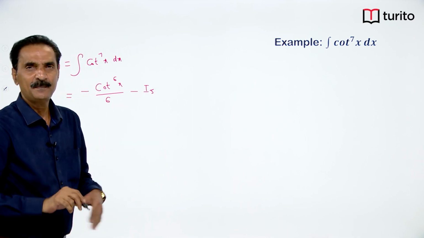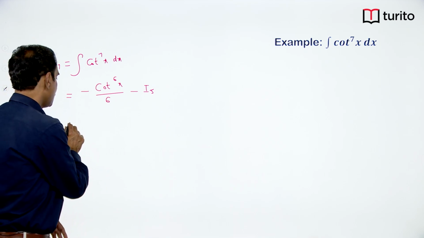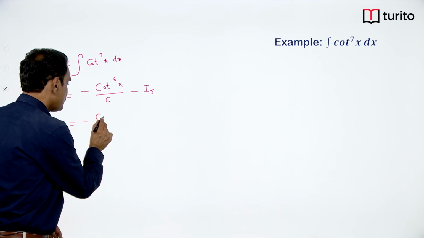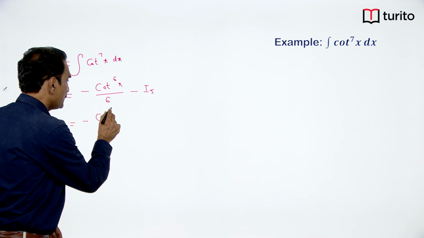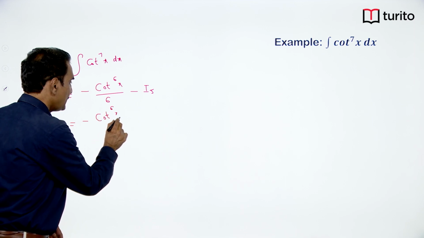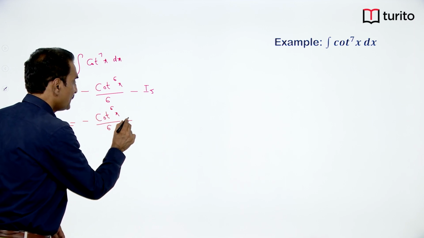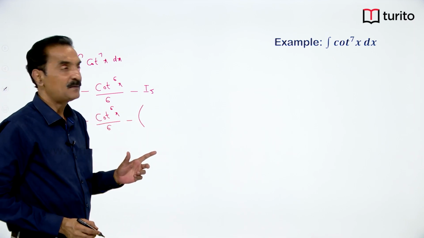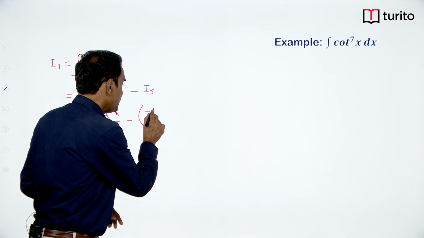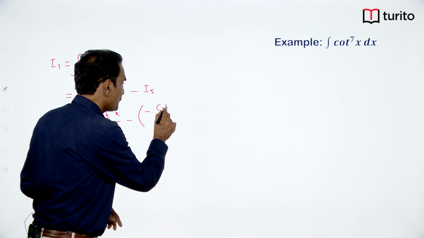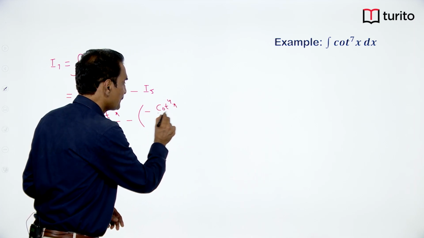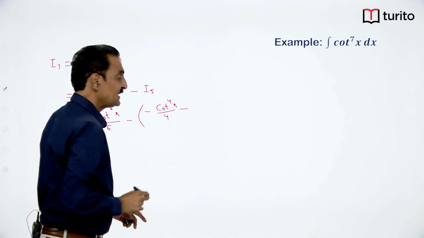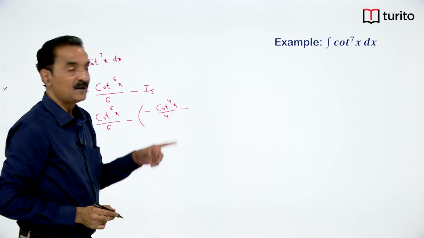Again apply the formula repeatedly. Taking n is equal to 5 in the formula, you will get minus cot power 4x by 4 minus I3.